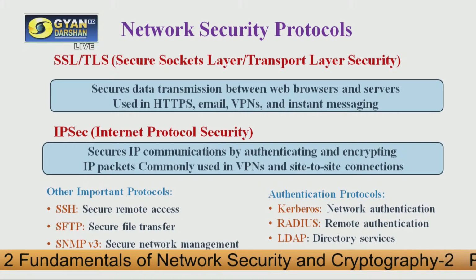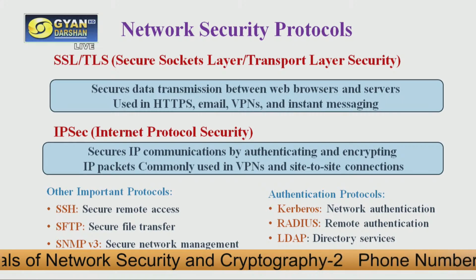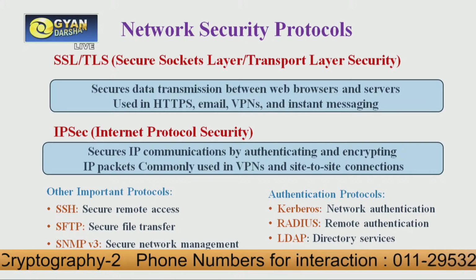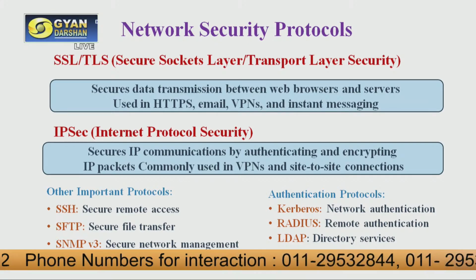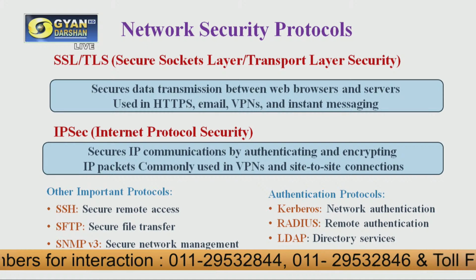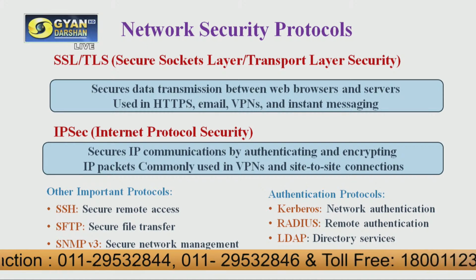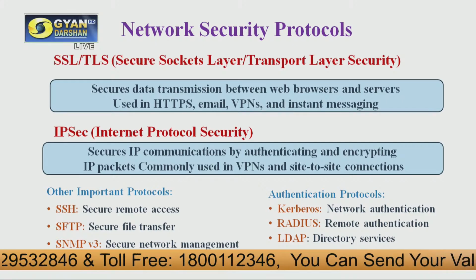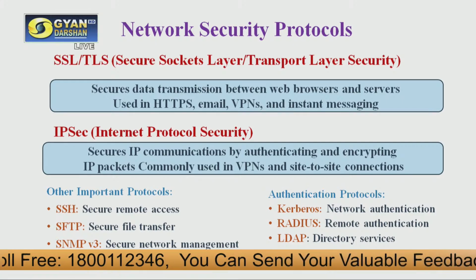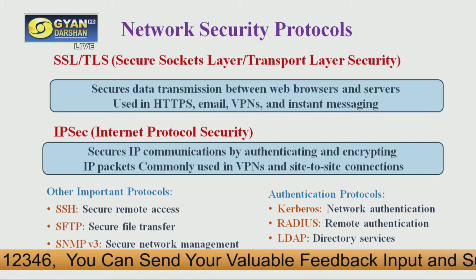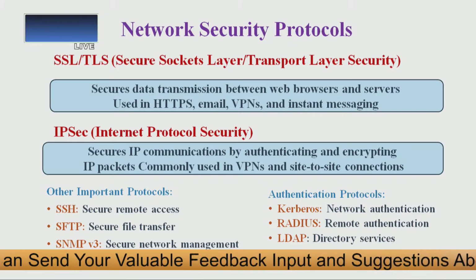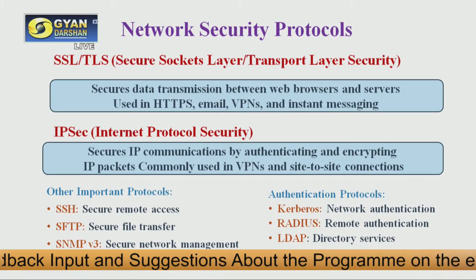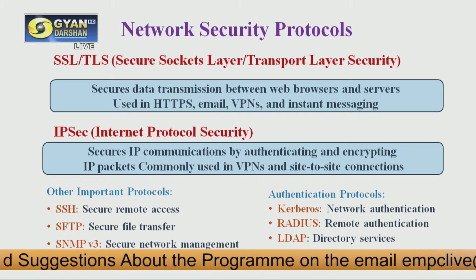Now we will study IPsec, Internet Protocol Security. It secures IP communication by authenticating and encrypting IP packets. It's commonly used in VPN and site-to-site connections. Other important protocols are SSH for secure remote access, and SFTP for secure file transfer, if you want to transfer a file from one server to another or from your remote system to the servers.